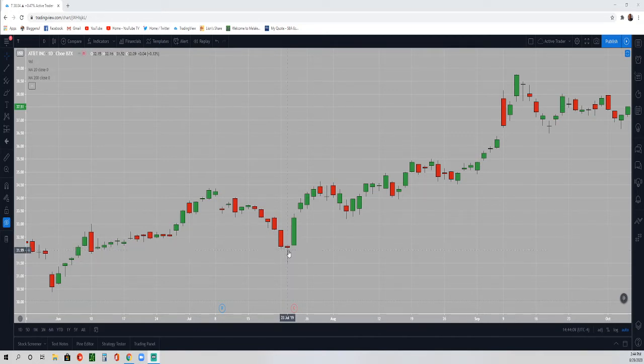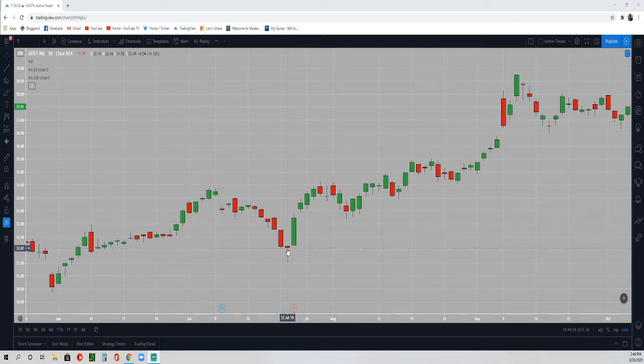This is a daily chart. The stock had selling pressure and was going down, and then throughout the day it was bought back up by buyers. It opened here at the top, pushed down, and then closed just a little bit below the top.